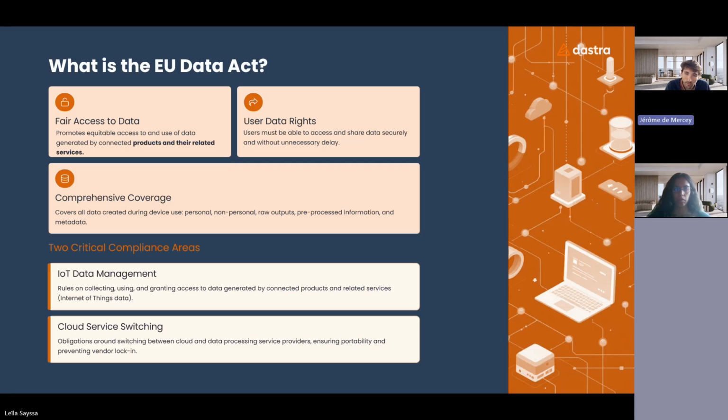It also empowers user data rights. The user of a device, a connected product for example, or a related service, must be able to access and share the data securely and without unnecessary delay. The Data Act is a concrete way to empower data portability.